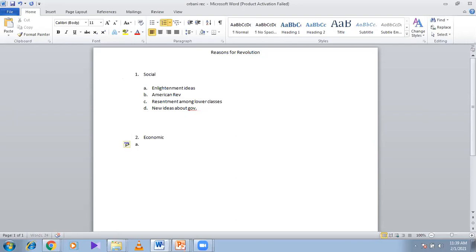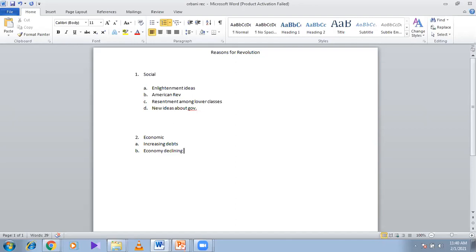Now, increasing debts. The second one is economy declining. And next to economy declining, please write down that even though the Roman Catholic Church and the nobles were collecting high percentages of taxes, these taxes were not enough to make profits.